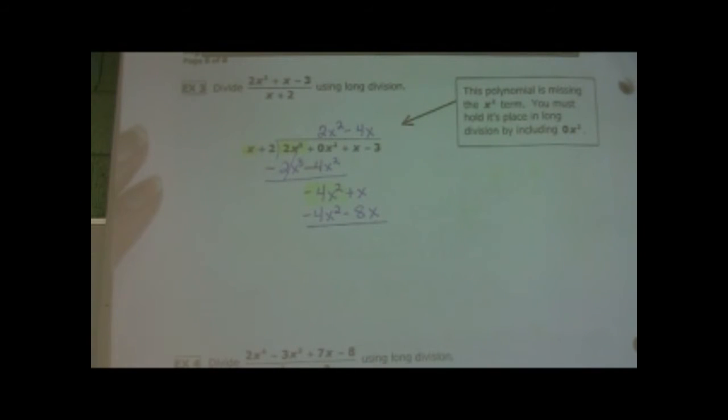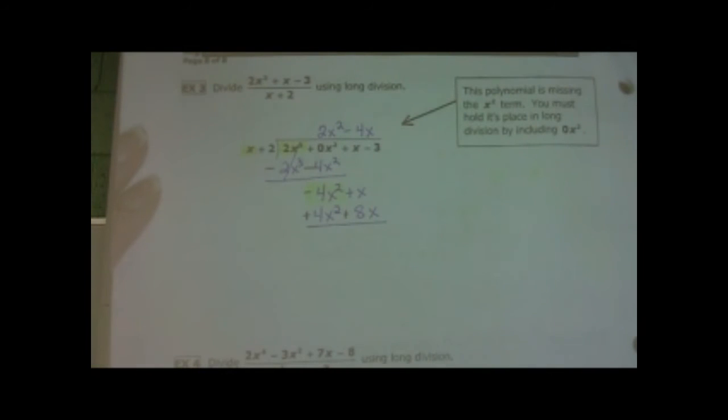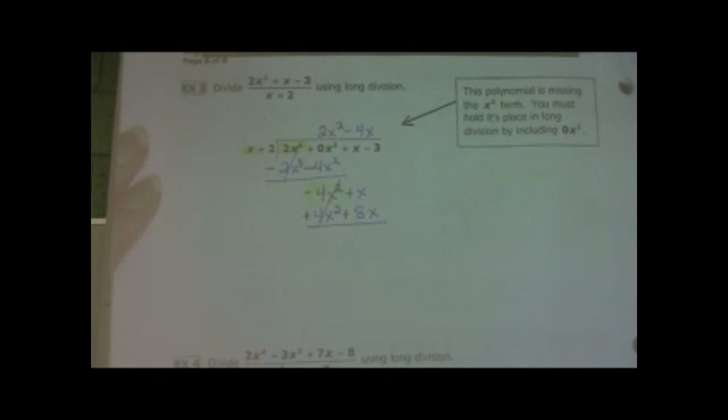Notice I always am changing my signs in red, and the reason why is so that I don't get confused by writing over in my same color. So this becomes positive, and this becomes positive. And I know that this was me switching the signs because I did it in red. All right, negative 4x squared and positive 4x squared is going to eliminate. The first one always will if you've done something right.